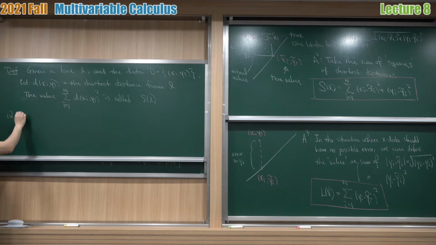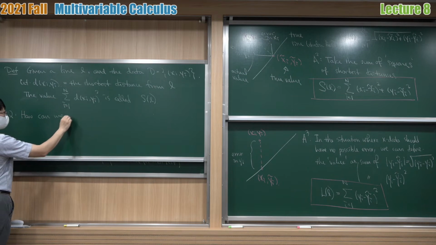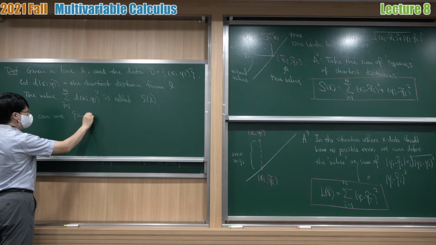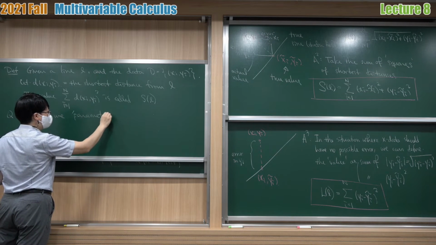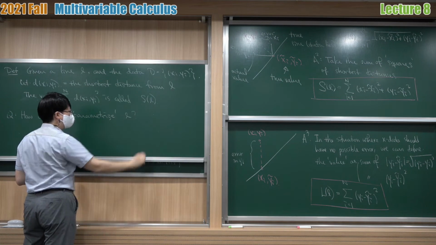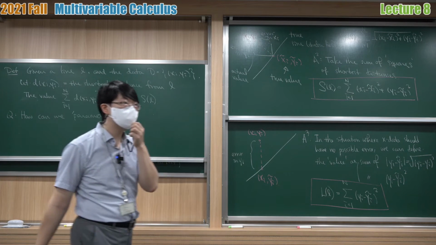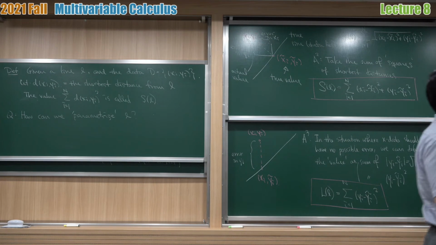So how can we parameterize L? How do you parameterize a line?